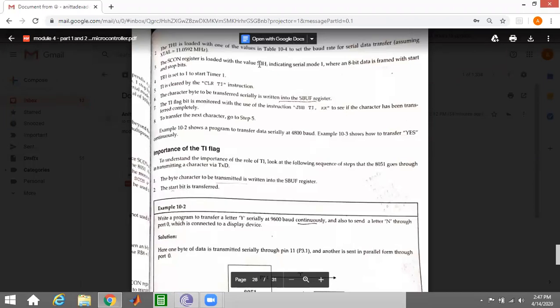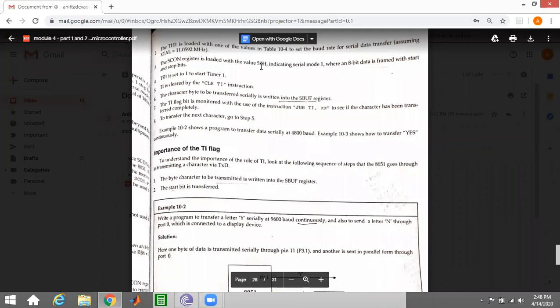What is 50H? 50H means the number is what? We have to load this SCON register with 50H, indicating serial mode 1, where 8-bit data is framed with start and stop bit.